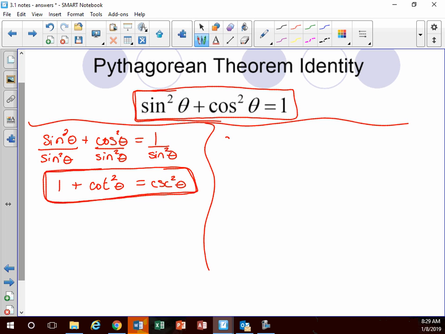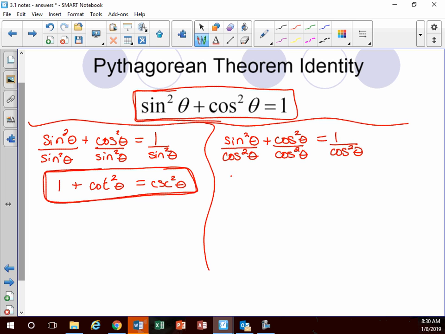All right, let's start again with sine squared plus cosine squared equals 1. What do you think I might want to do this time? Yep, divide by cosine squared. So what is sine squared over cosine squared?